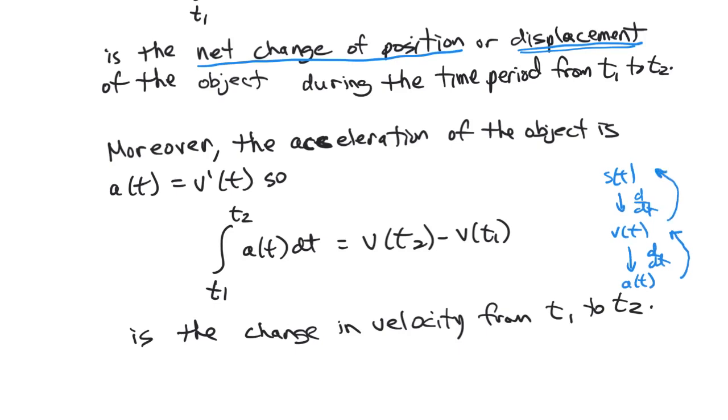What we just talked about is the same thing. We have a different notation, but it's saying the same thing. But now, when you go from acceleration to velocity, we're taking the antiderivative of acceleration to get velocity, and then evaluating at these two endpoints. So that's a little different.